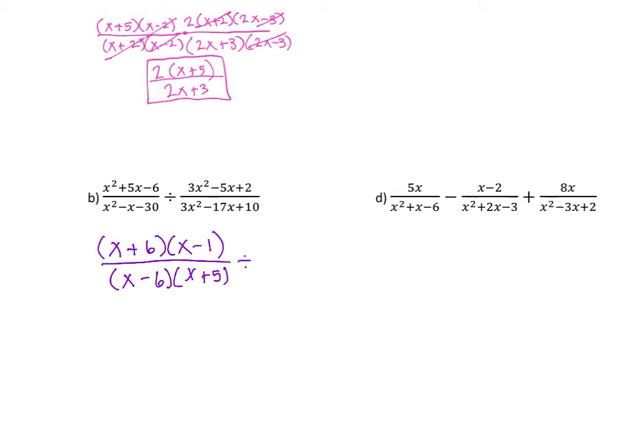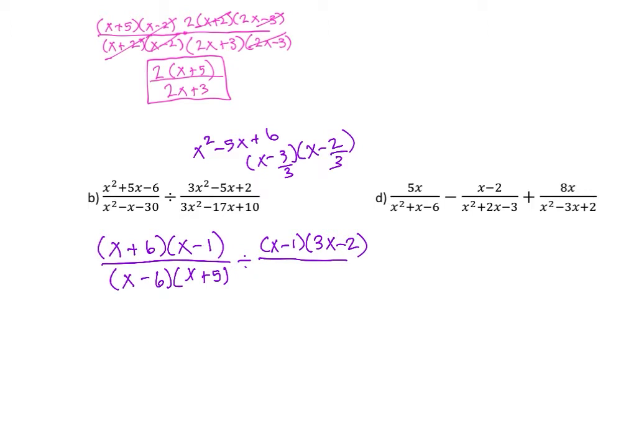All right, and then factoring these ones, there's no common factor. So I'm going to take that 3, multiply the last term, factor, and then divide by 3. So my factors would be x minus 1, 3x minus 2, and my bottom one, let's see, that's x squared minus 17x plus 30.